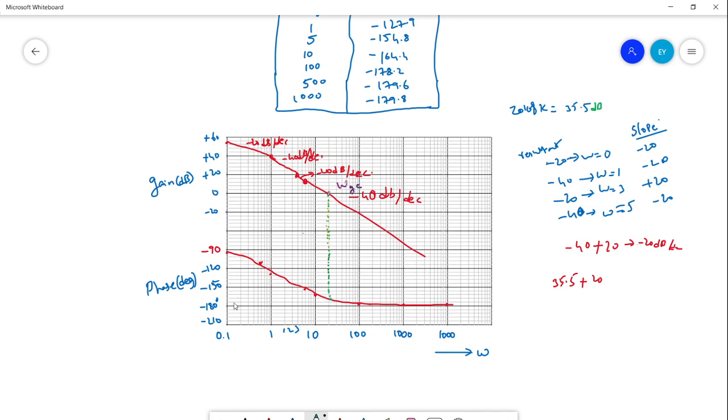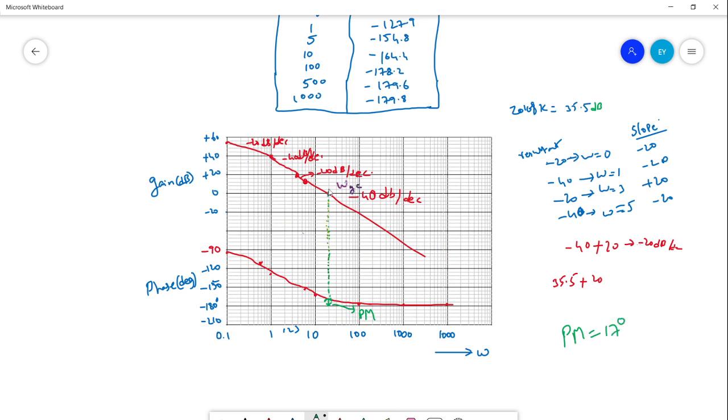Minus 180 is coming somewhere here, and this difference we have to consider. This difference will give you the phase margin. So if you observe from the plot, phase margin is around 17 degrees.